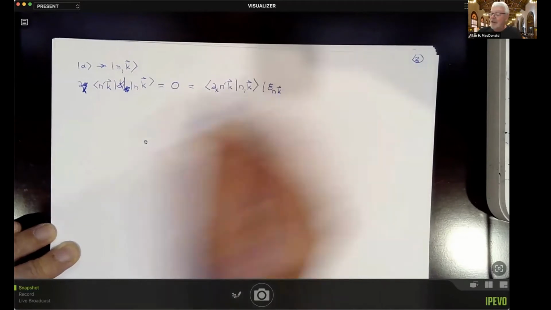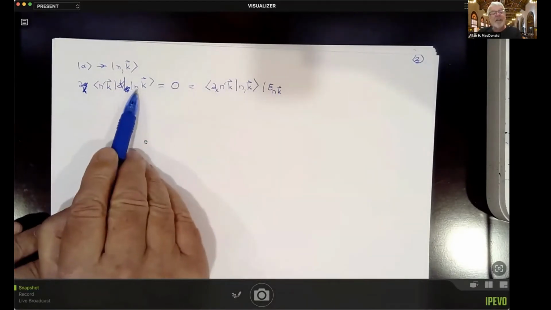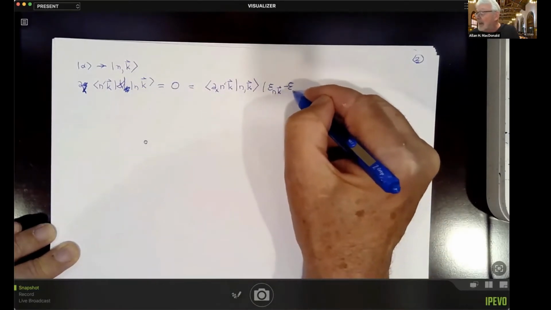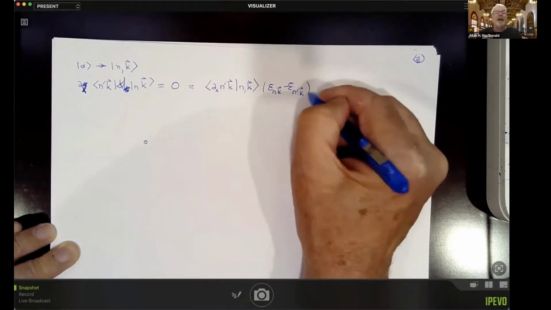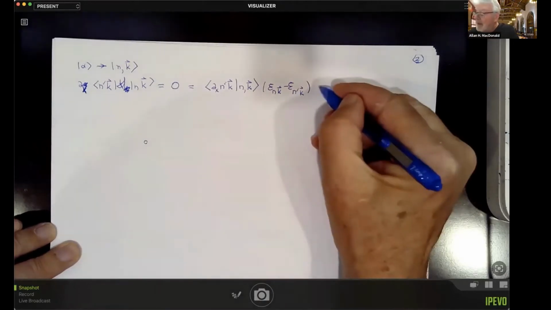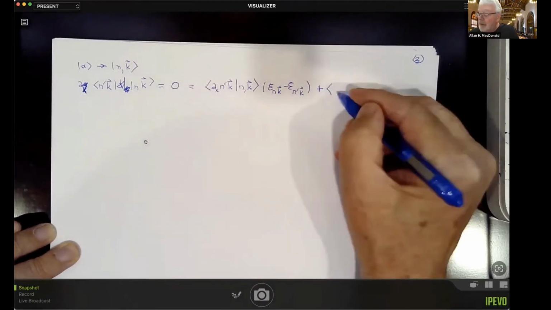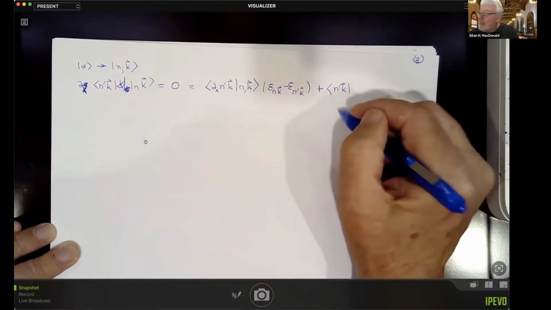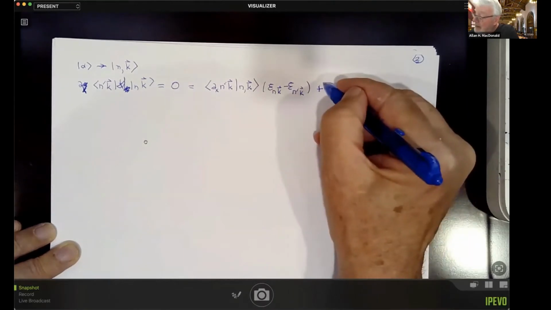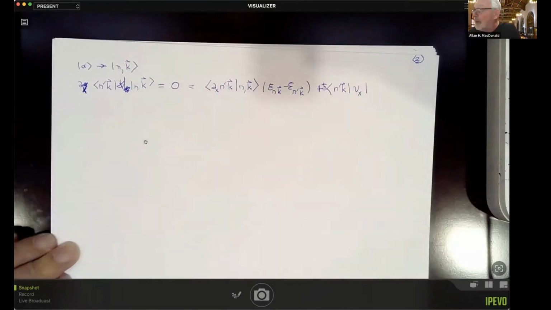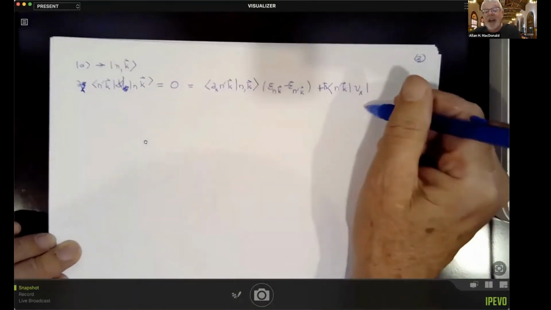There's another similar term where the derivative acts on the ket wave function in this expression, and it turns out that you can express that just in terms of the other energy, because the Hamiltonian can act in the other direction, and then we have a term where the derivative with respect to wave vector of the Hamiltonian with respect to momentum is the velocity operator.